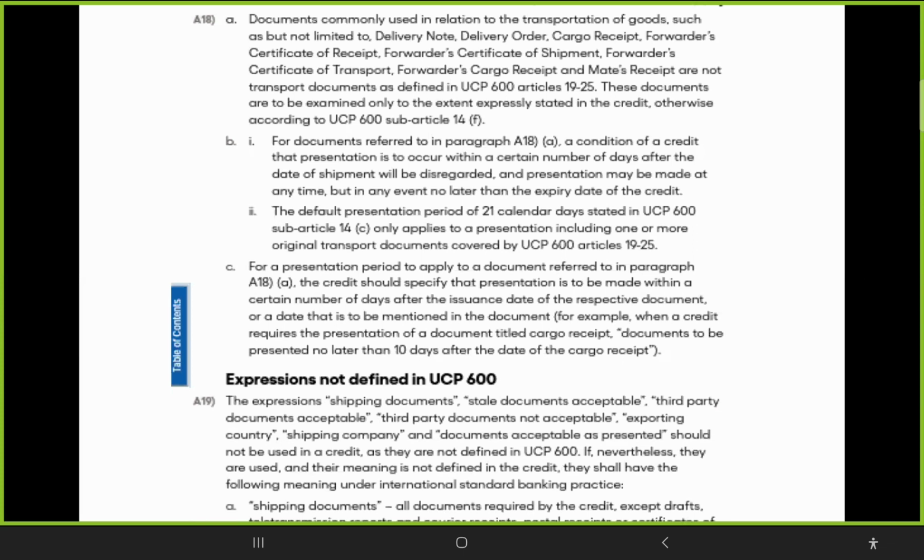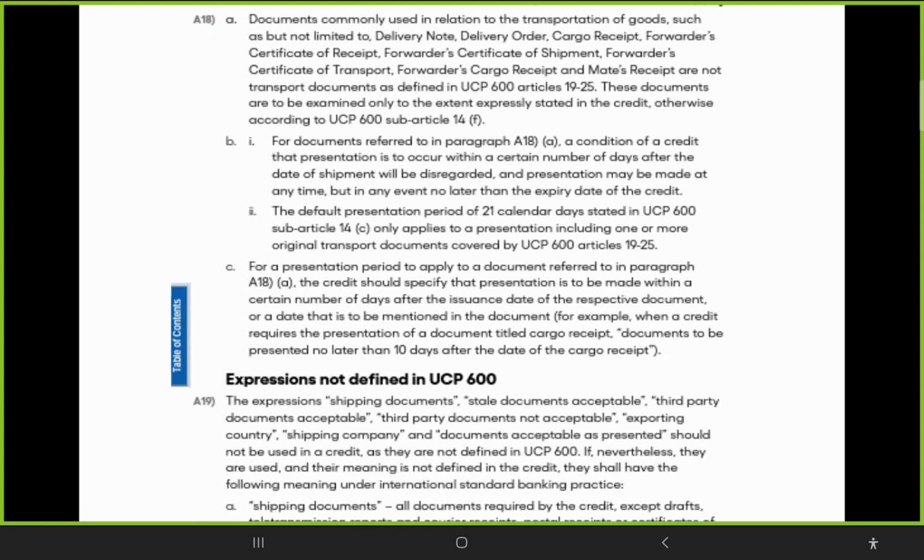So each document which is listed here is a different document. Delivery note is a different document, delivery order is a different document, cargo receipt, forwarder's certificate of receipt. Every single document is different in nature. There are a few documents which are similar in nature as well, but each is different. But one thing you want to understand is it is not something which is defined in UCP.